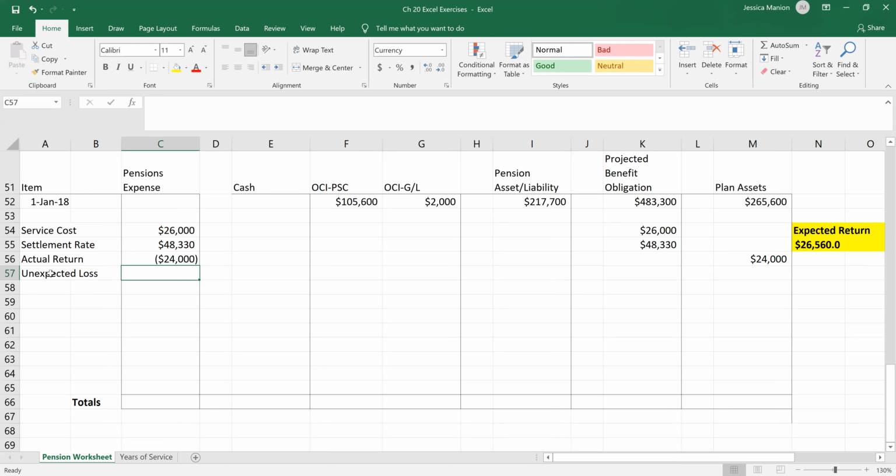And I'm just going to say this equals our 26,560, our expected return, minus our actual return. And I'll just put that in parentheses here. Difference between expected and actual return. Okay, and this should be a negative, actually, darn it. Make that a negative. Oh no, hold on, what did I do?